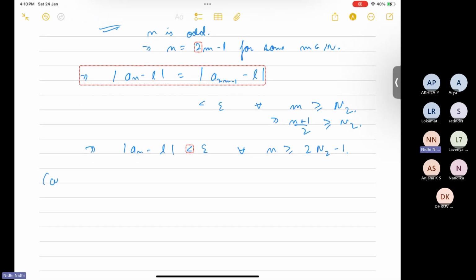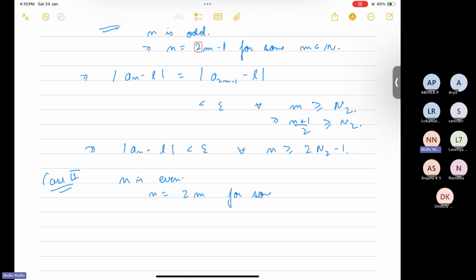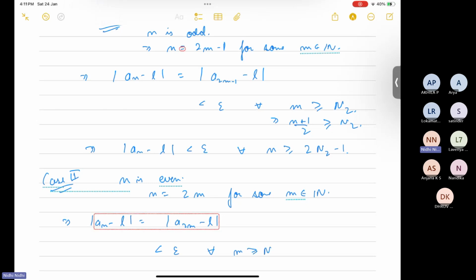And then we have the second case when n is even. In this case, n can be written as 2m for some m in N, and we get a_n minus l equal to a_{2m} minus l, and this is less than epsilon whenever m is greater than or equal to n1.